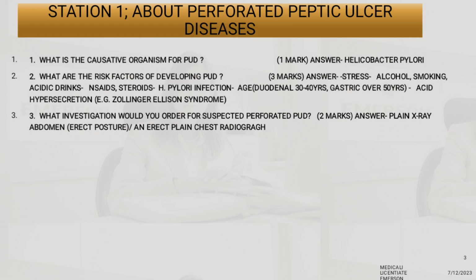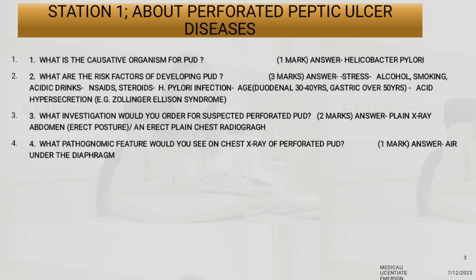The chest X-ray is easy for you to remember, because with a plain X-ray abdomen, they might leave out the part of the diaphragms and just focus on below the diaphragms. So a chest X-ray would be ordered for suspected perforation, so that you see under the diaphragm.